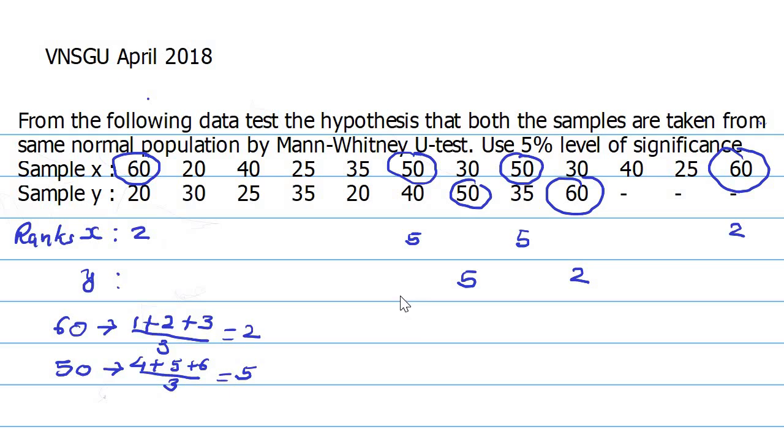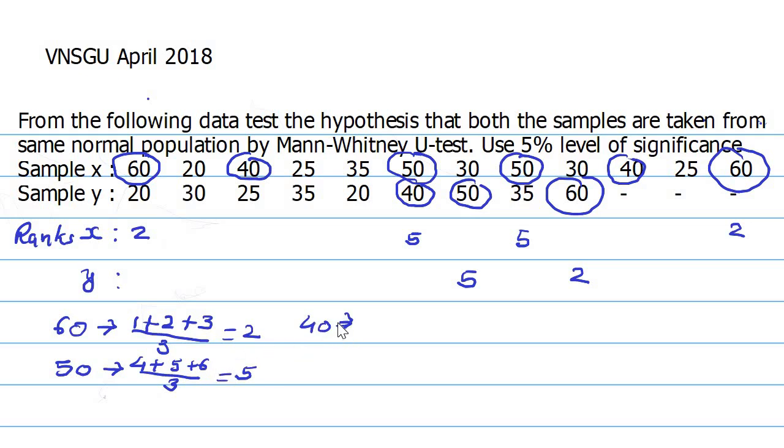Okay, now the next largest observation is 40. 3 times I am observing 40. So now 40 is given the average of the next 3 ranks.